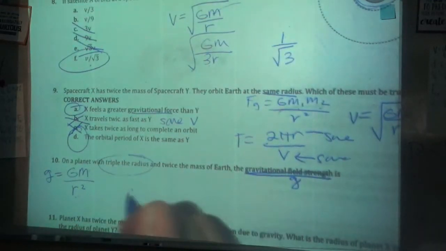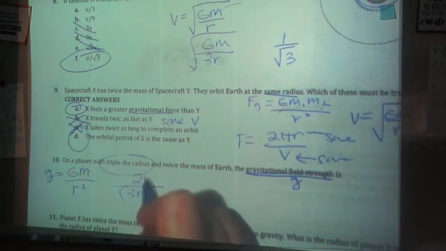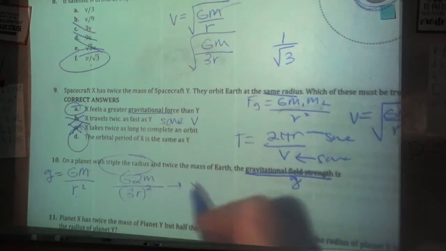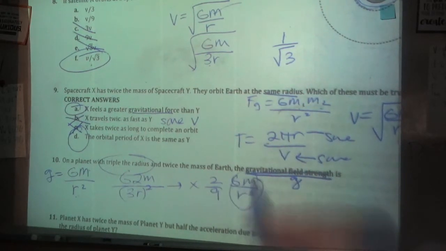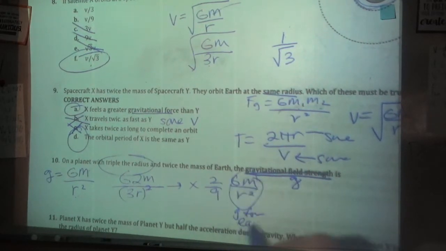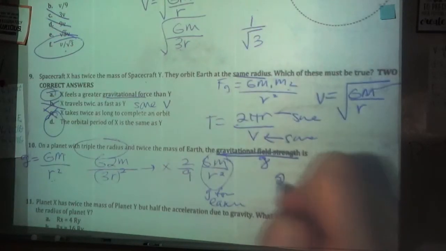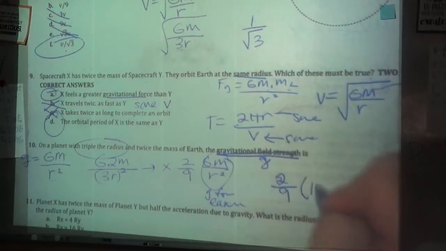So this planet has triple the radius, so 3r, and twice the mass of Earth. So that's times 2/9 GM over r squared, where this is little g for Earth. So 2/9 times little g of Earth, which is just 10, gives me 2.22.